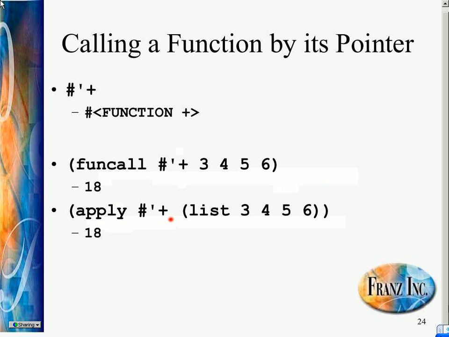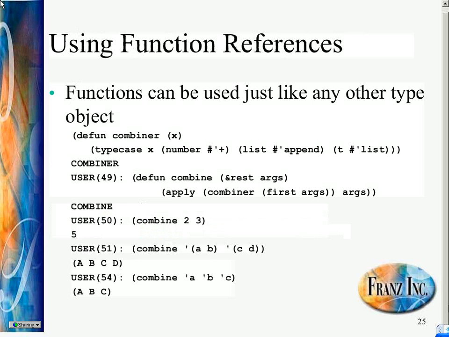Apply takes 2 arguments, the first one being the pointer to the function, and the second one being a list of all the arguments. And the advantage of apply is again, you can programmatically be creating these lists, and so it's easier to use apply when you are determining the function to call programmatically and the argument list programmatically.